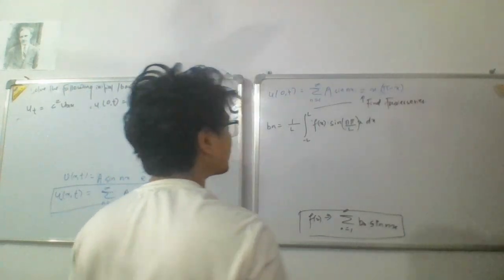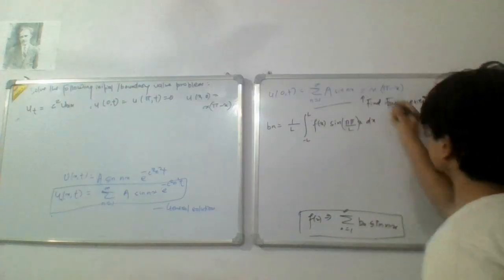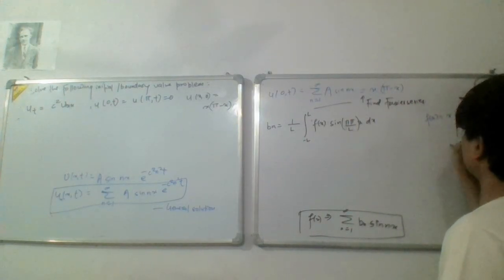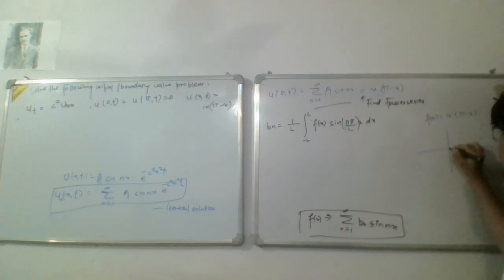Now, what is our function? The function is f of x equals x(pi minus x). If you don't know, this is a parabola, like this.